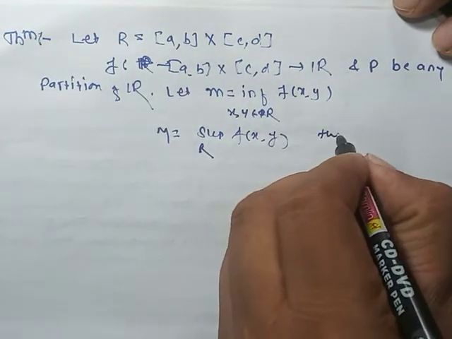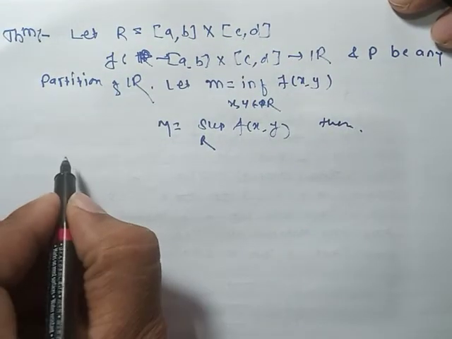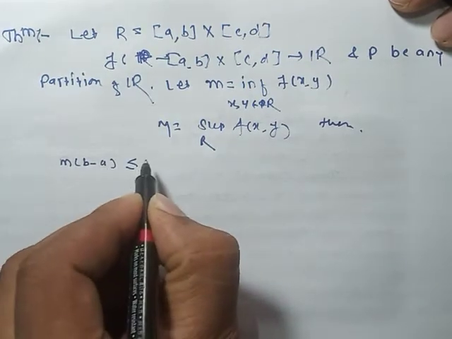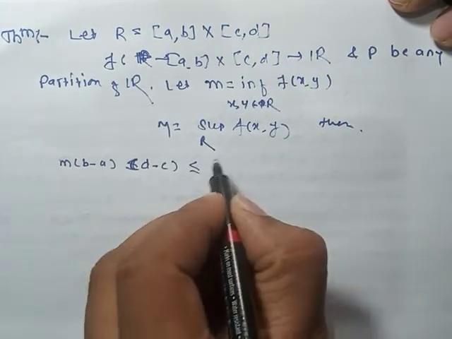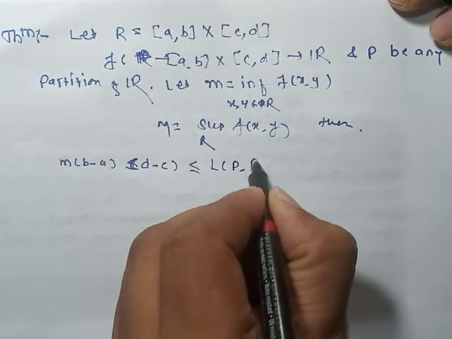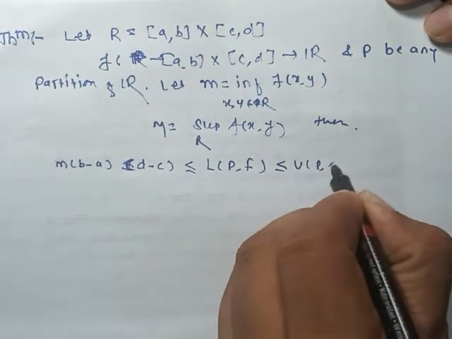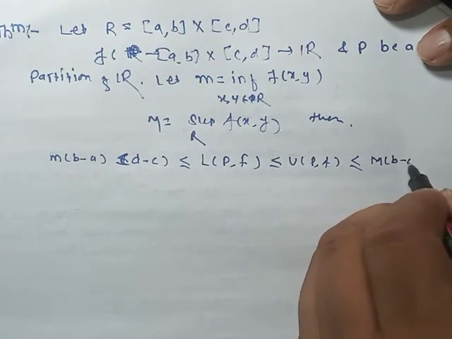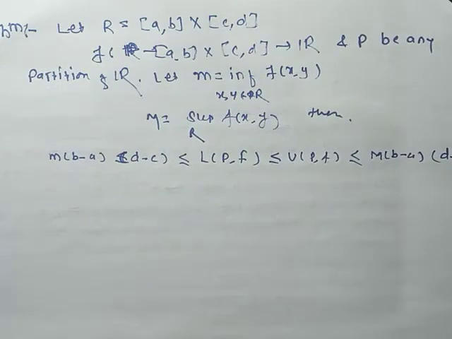Then we have the inequality: m into (b minus a) into (d minus c) is less than or equal to the lower sum L(P, f), which is less than or equal to the upper sum U(P, f), which is less than or equal to capital M into (b minus a) into (d minus c).